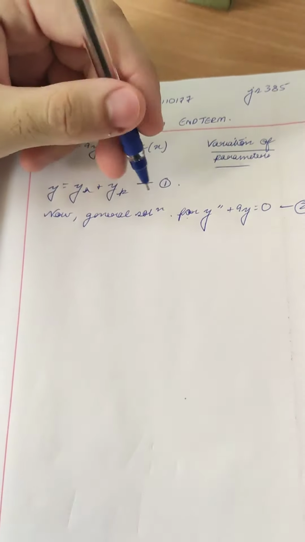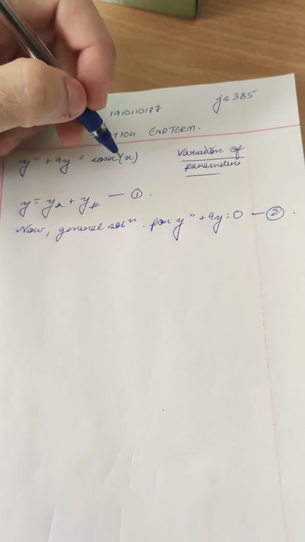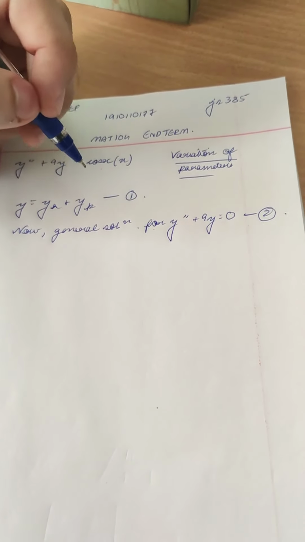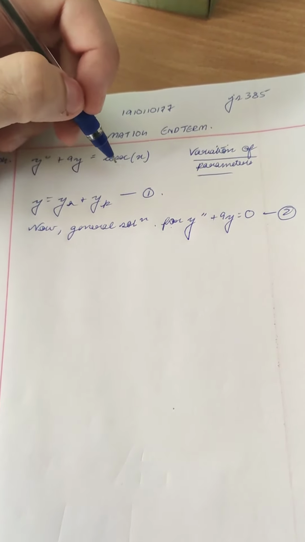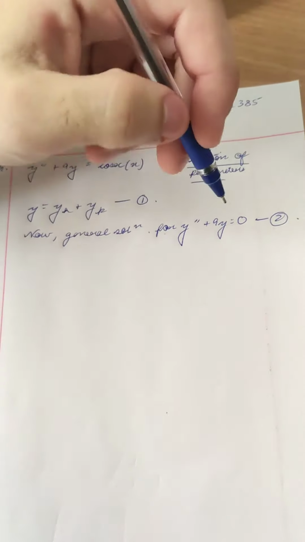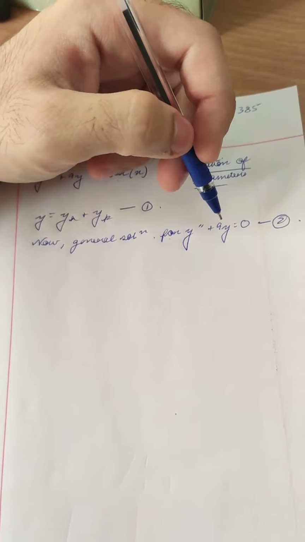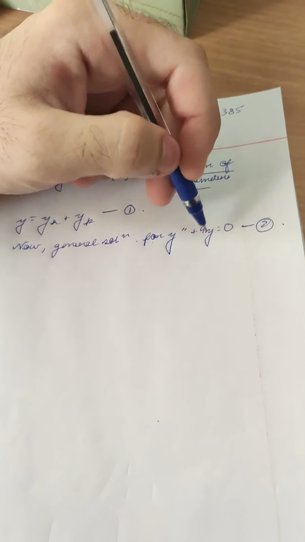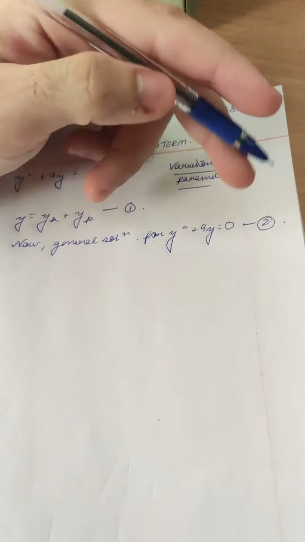The reason for this is that in a homogeneous equation, the g(x) is always 0, and for us the g(x) in the given equation is cosec. So while calculating it for a homogeneous equation, the g(x) will become 0. So hence it will lead us to this particular equation.